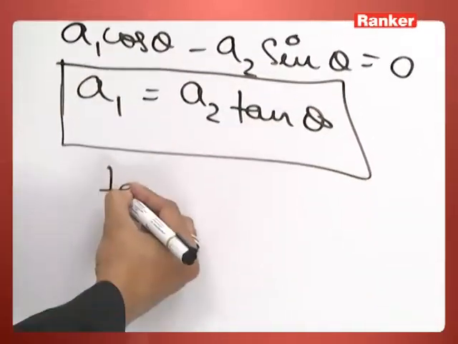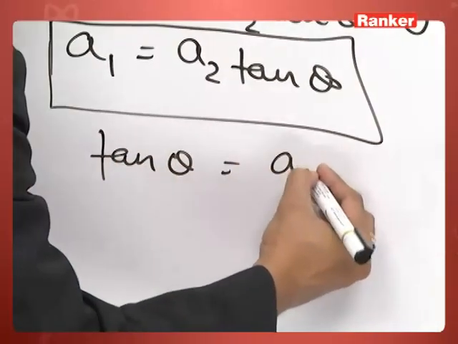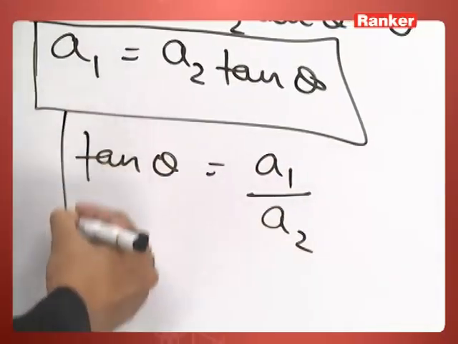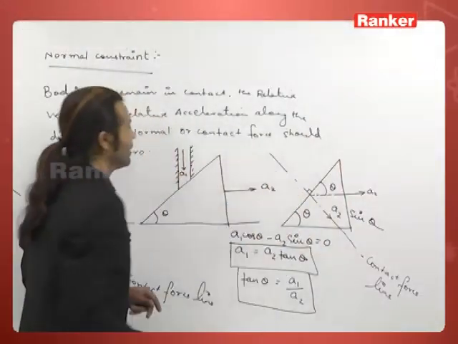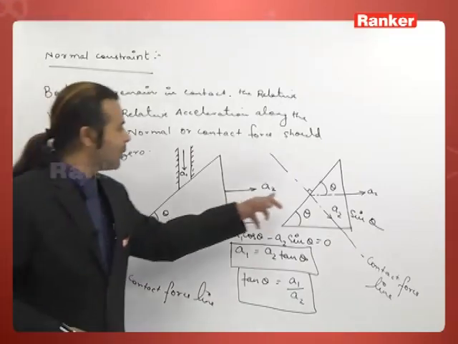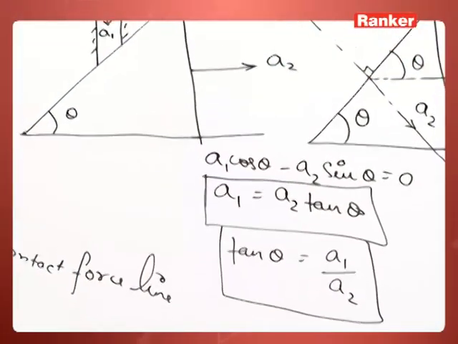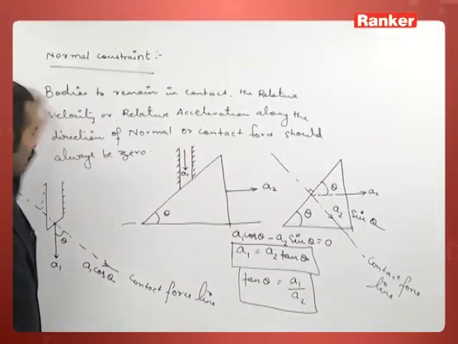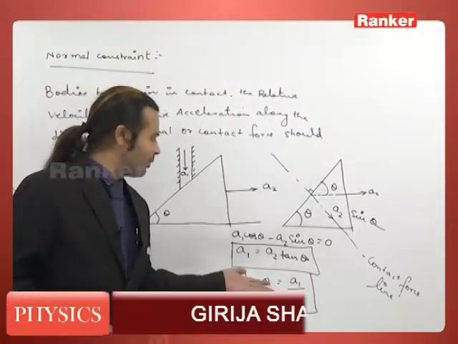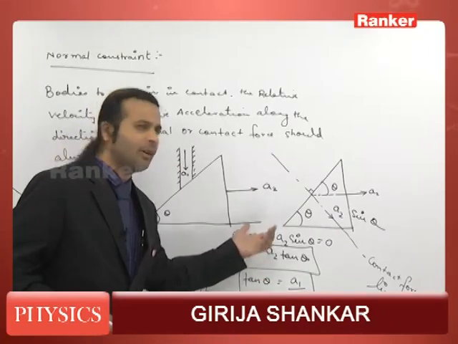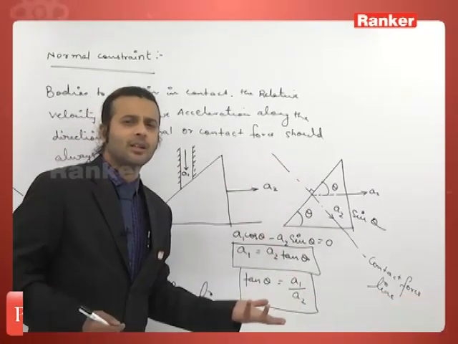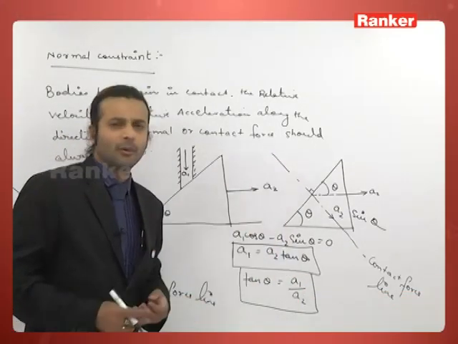Or I can directly write tan theta is a1 by a2. This is the relationship between these two accelerations. By the method of normal constraint, we can easily find out the relationship between two accelerations, as well as the relationship between two velocities if they were given.